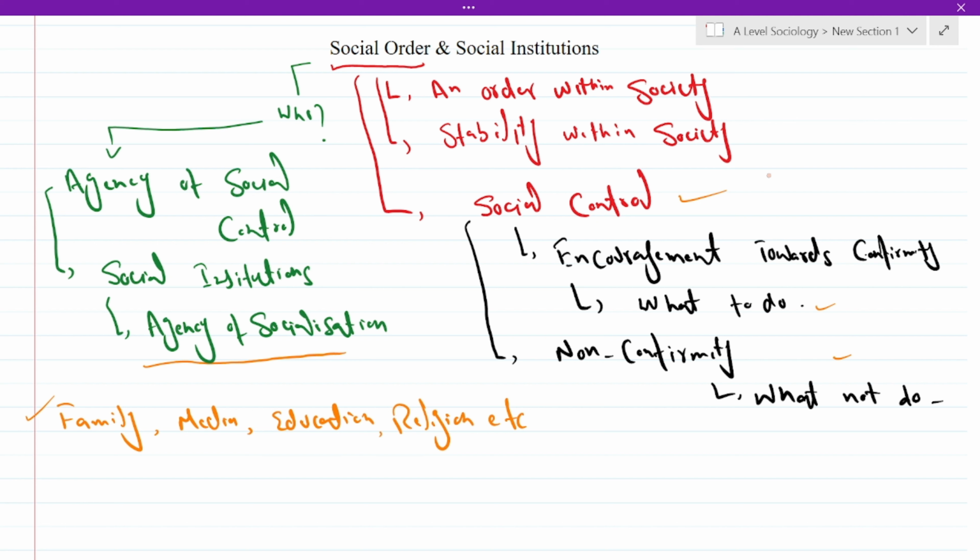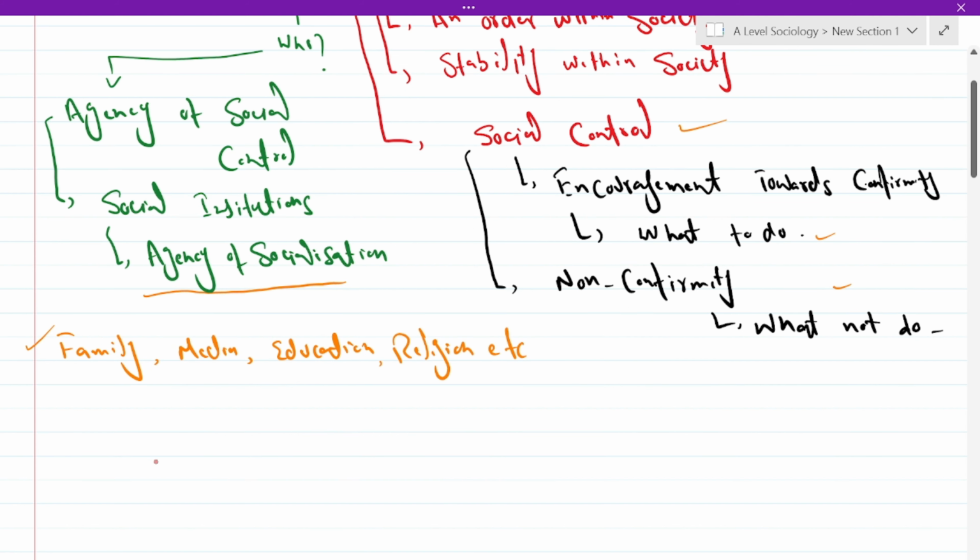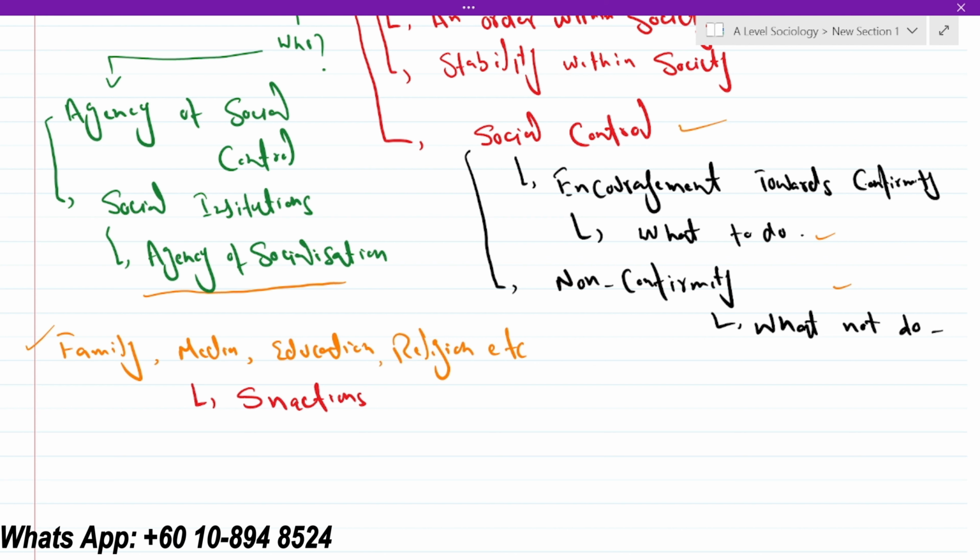Now another question is how they will tell us what to do and what not to do. Another concept is what we call sanction. Through sanctions, they will control our behavior. They will tell us what to do and what not to do, and through that process, they will bring order into the society.